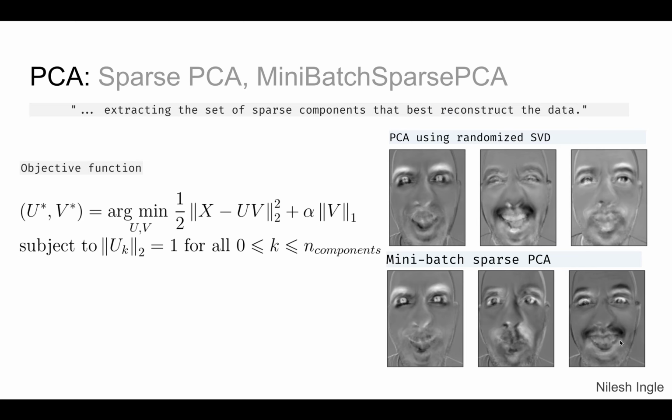I've shown here only 5 components where sparsity is induced, so we can still see the features such as eyes, nose, and some facial expressions as well. And here is the objective function that can be minimized while using this method.